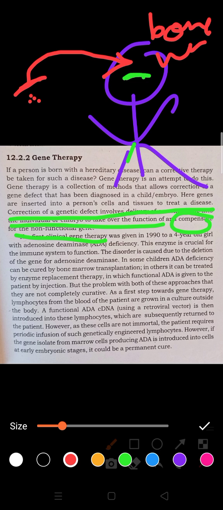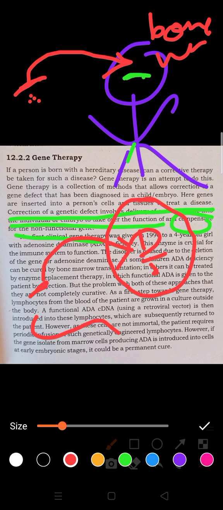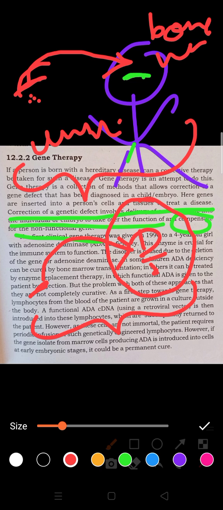And the second process, if in the early embryonic stage this disorder is identified, okay, that time the normal gene is introduced into the early embryonic stage, and this is the permanent cure. I am telling you, this is not a permanent cure, children, because for such a type of therapy, such a type of treatment, this process is not immortal.